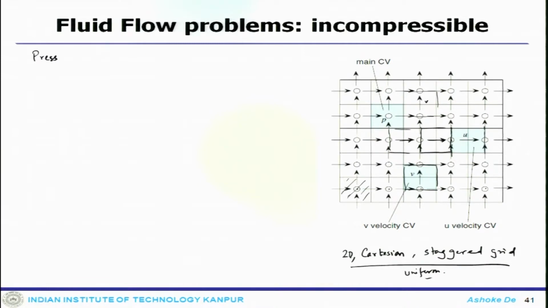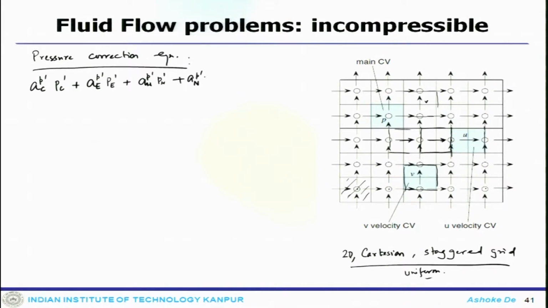So, for the pressure correction equation, we can follow a similar procedure that we carried out for the one dimensional case, and the pressure correction equation will look like: AC p prime PC prime plus AE p prime PE prime plus AW p prime PW prime plus AN p prime PN prime plus AS p prime PS prime equals BC p prime.